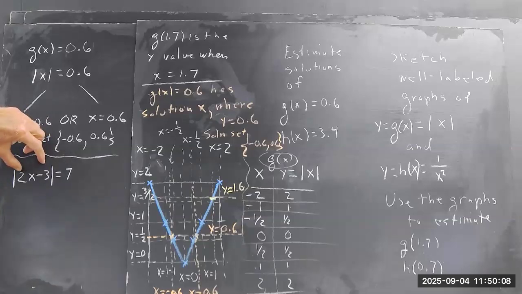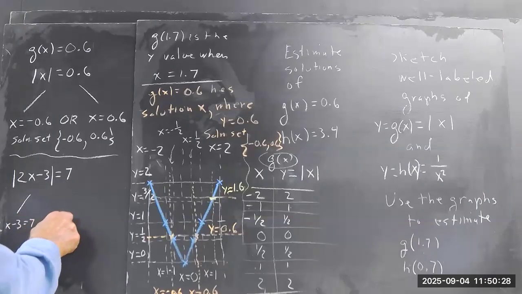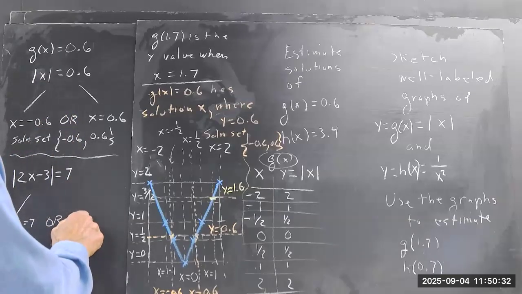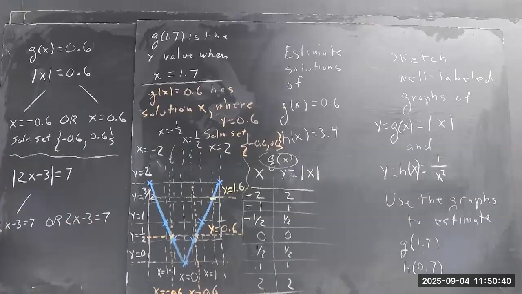If the absolute value of the thing inside equals 7, then the thing inside is either negative 7 or positive 7, right? So this equation splits into two equations, 2x minus 3 equals 7, and I like the word or, I put it in capital because there's logic involved here. It's not and, because it can't be both.